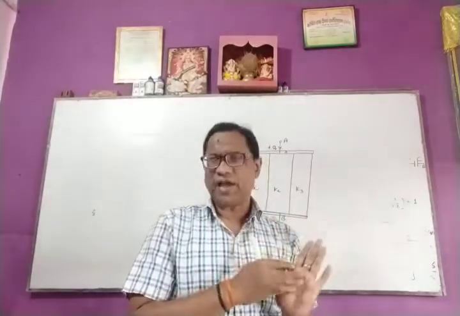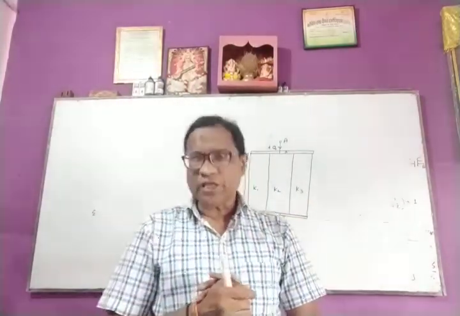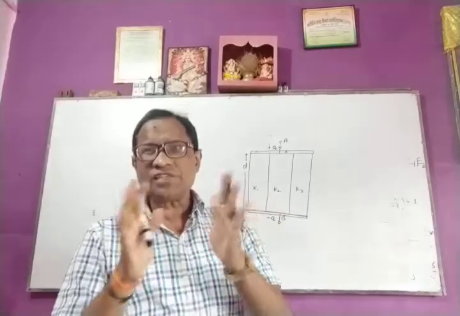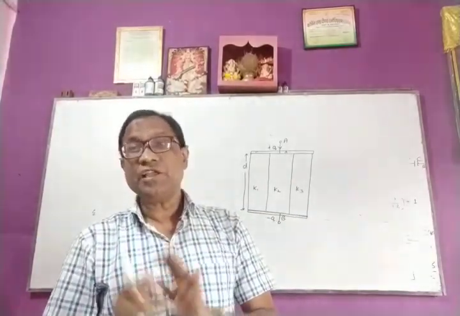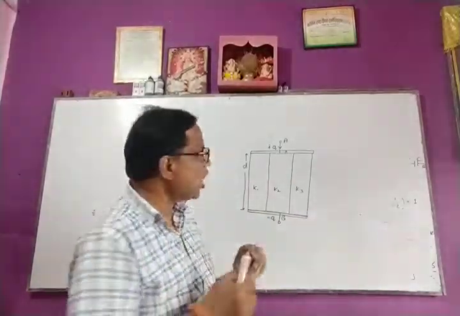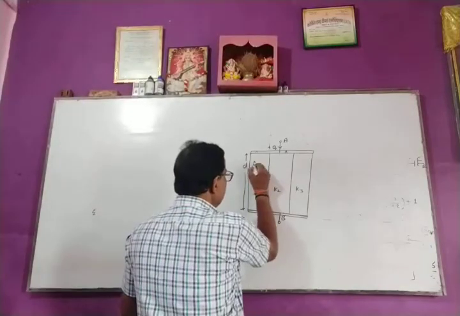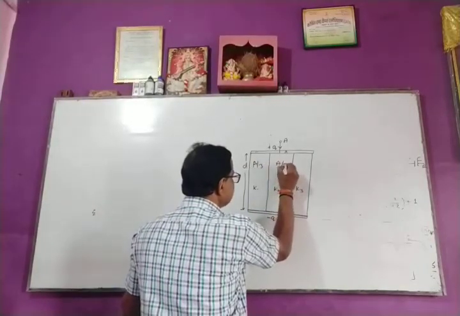In this circuit, only area is divided in three parts. So area of each part is A by 3.